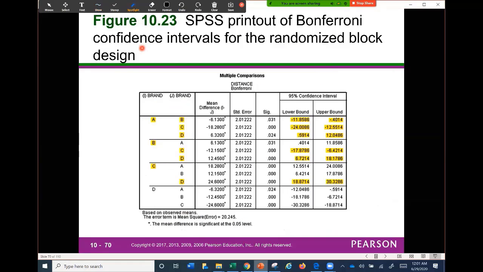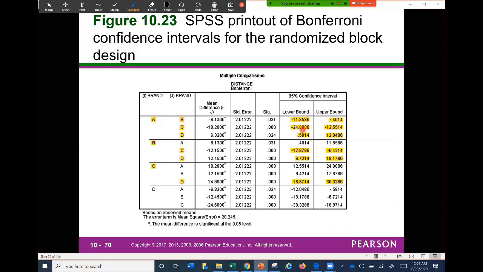This is a tricky comparison. We have to do a comparison of all brands using the same procedure that I explained in the previous problem. We have to use this confidence interval to determine the difference between A and B. In this case, because it's negative, the second value is bigger.